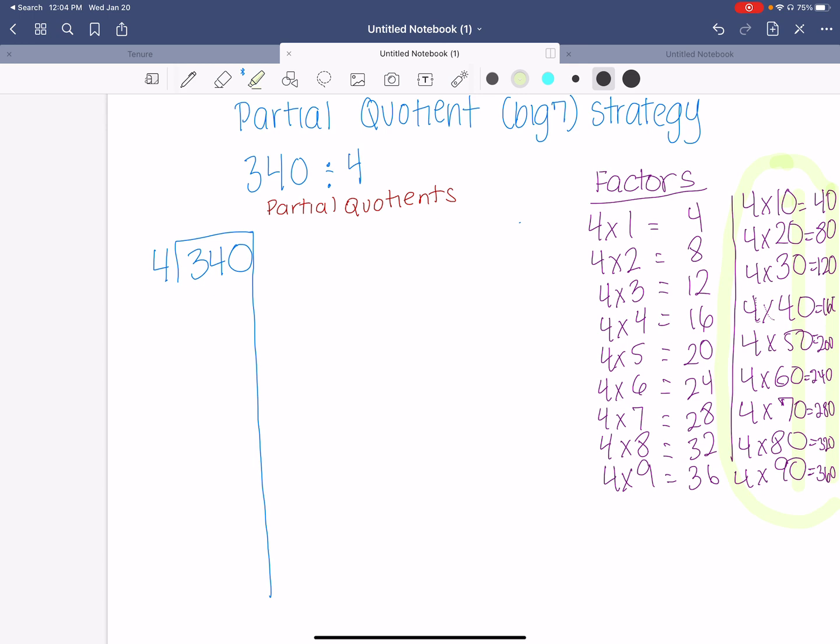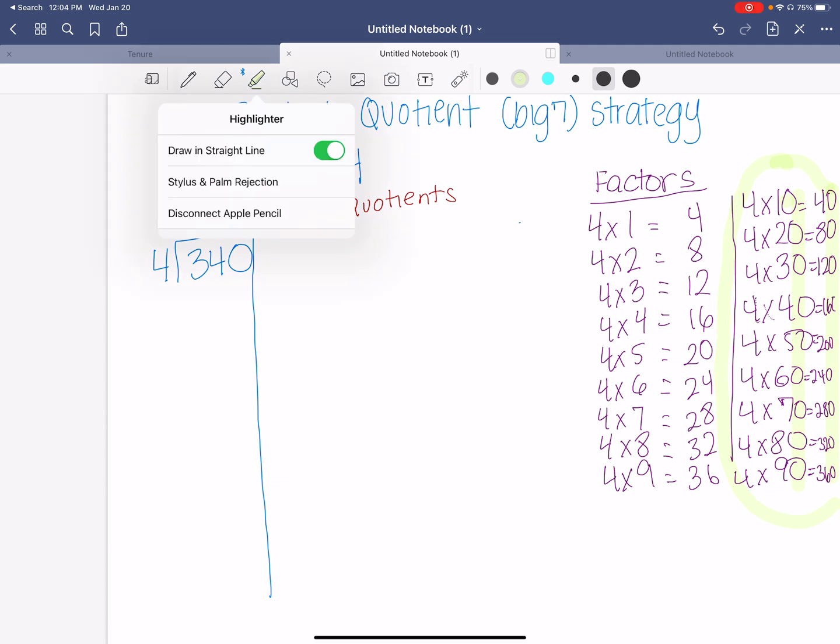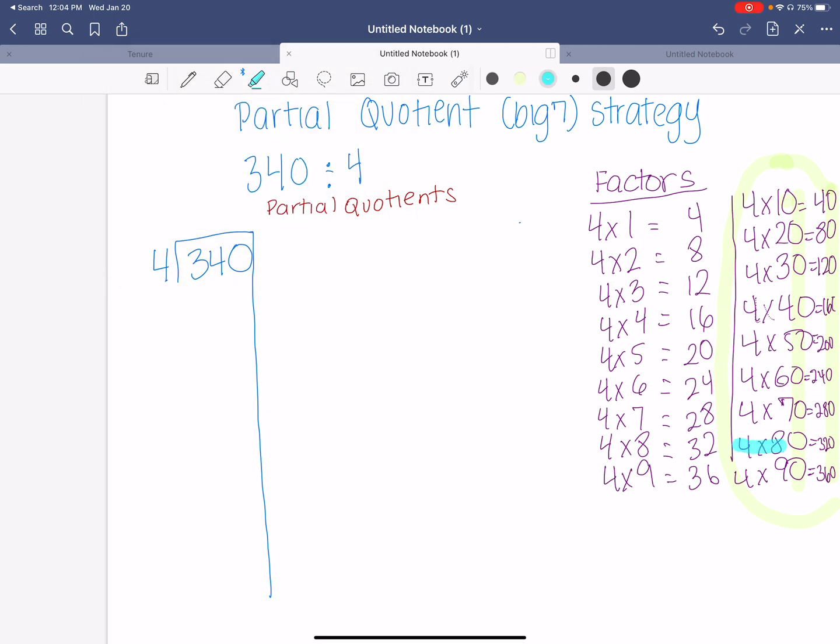I see that it's 340 divided by 4. So if I look down at my list here, I can see that 4 times 80, let me highlight it so you can see it. 4 times 80 is 320, which is perfect amount that I can write over here.